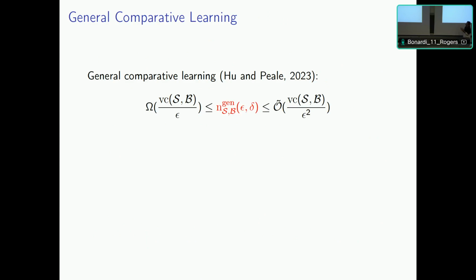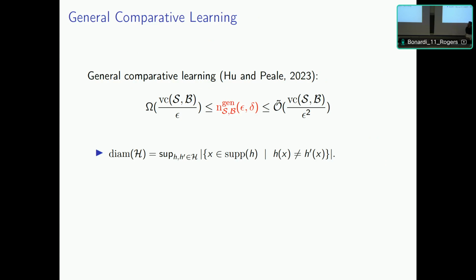However, as you can see, there is a gap in terms of the dependence on epsilon, where their lower bound is 1 over epsilon, but their upper bound is 1 over epsilon squared. So here we define some dimensions that we show control this rate, although we have some open problems.